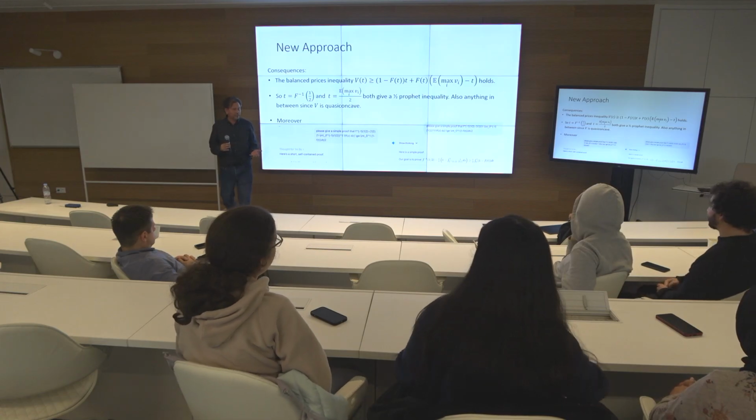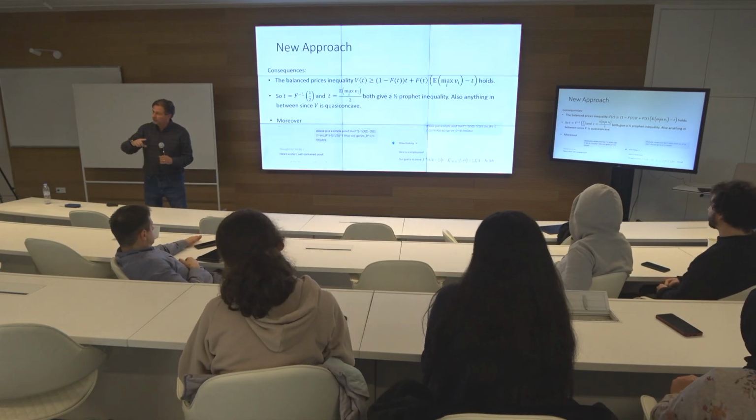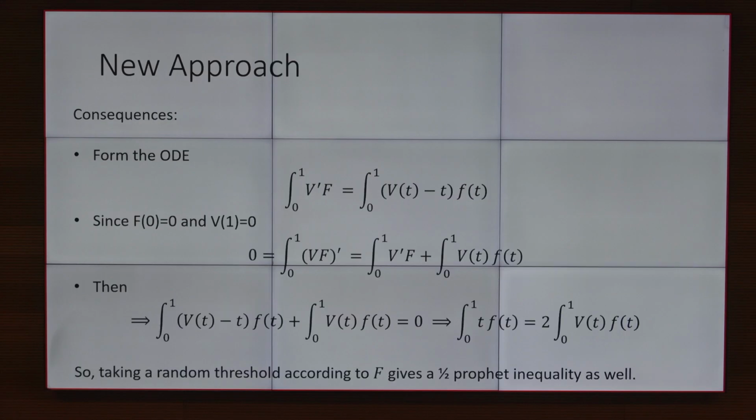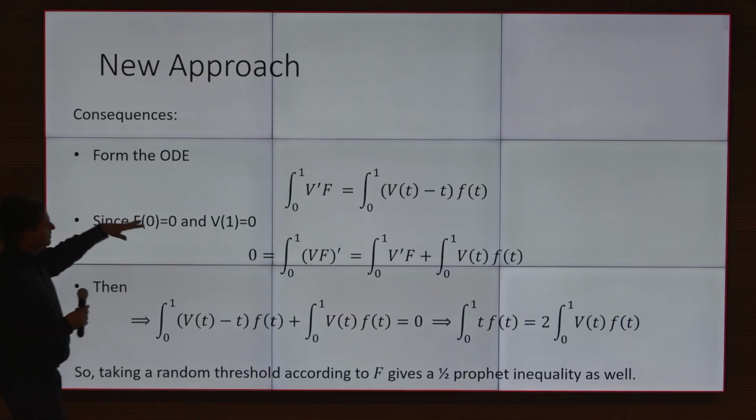Why? Because it's quasi-concave. So we know that v of t is quasi-concave, right? So if you have 2 points that give something, anything in between gets at least this something as well. Good. And also, this can also be done by ChatGPT, but I didn't do it because I don't have time.